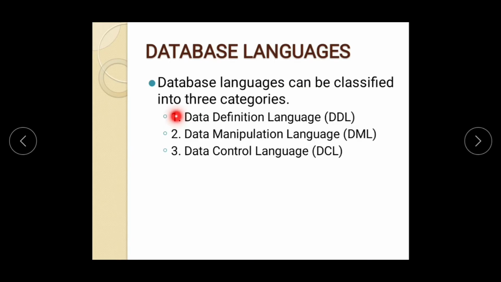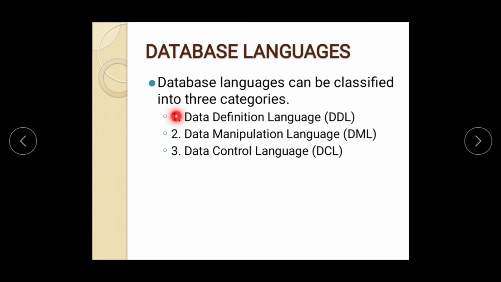Now these database languages can be used for 3 purposes. First, a database language can be used for creating a database, or altering the structure of the database, or providing some constraints. In simple terms, we can create a database schema using a particular database language.